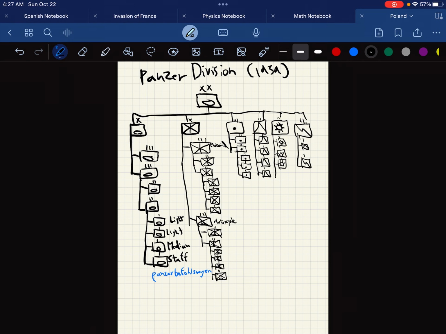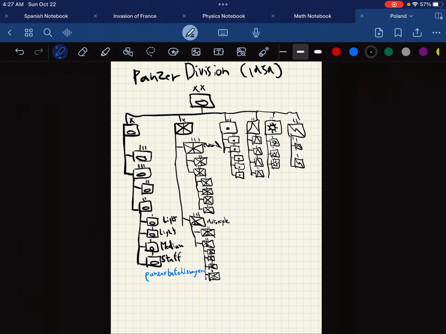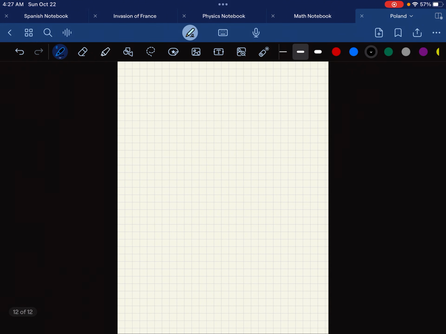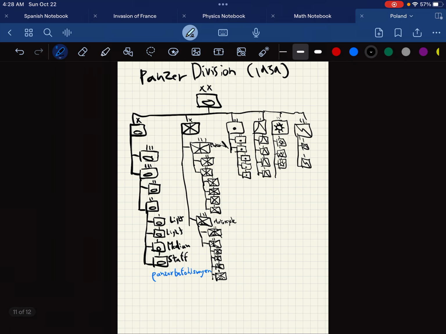And then I'll start talking about other important things, like, well, what are some different Panzer Divisions? How are they all different? Well, for the invasion of Poland, while the original organization looked something like the one you see on the page right now, it didn't always follow, because they actually changed the organization for certain divisions at certain moments, adding battalions here and there, and grouping regiments here and there.